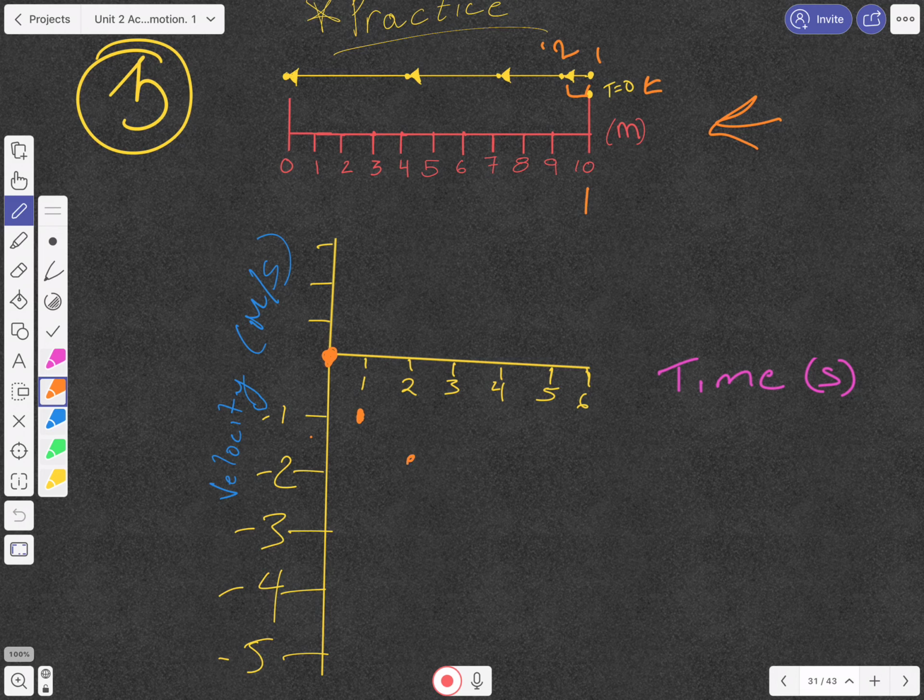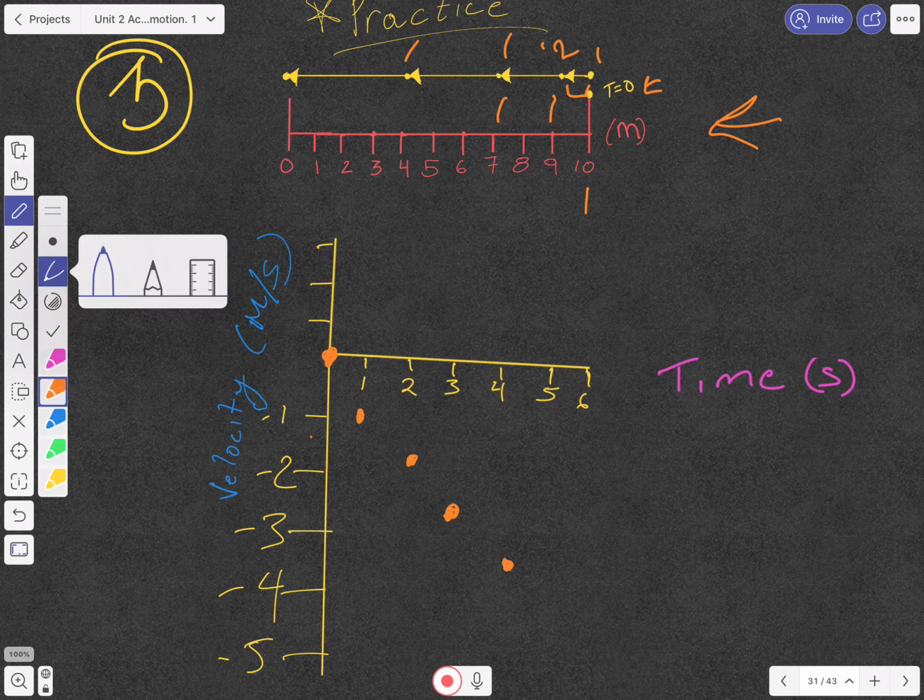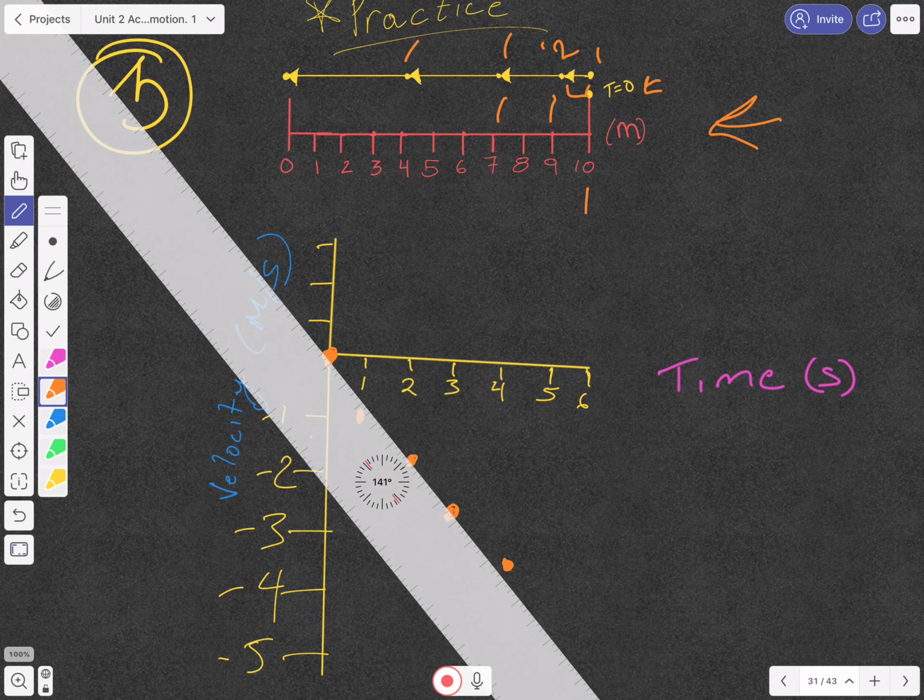And again, we should be able to see the pattern here. This is 2 meters here, so at 2 seconds it's at 2 meters. Here it is 3 meters at 3 seconds, and 4 meters at 4 seconds. And again, get a nice little line.